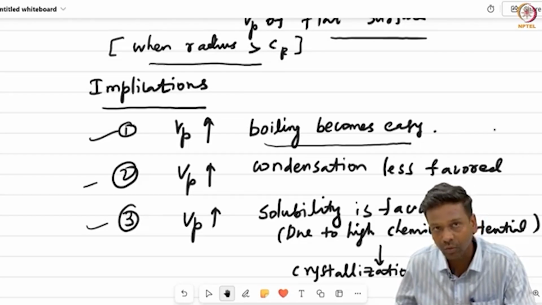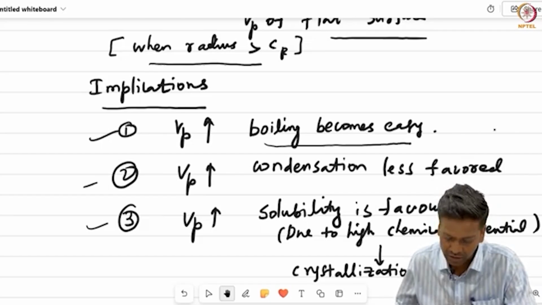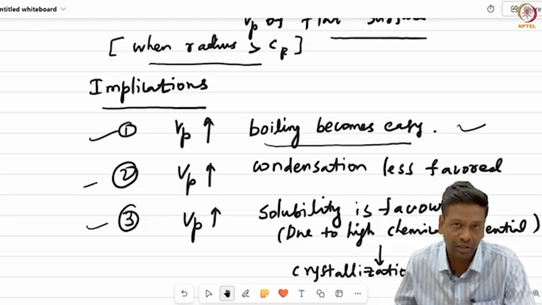Because it can easily overcome the atmospheric pressure, you can expect that this bubble can promote boiling quickly. So this is actually quite useful. The curvature effect is quite useful if you want to accelerate the kinetics of boiling, right?